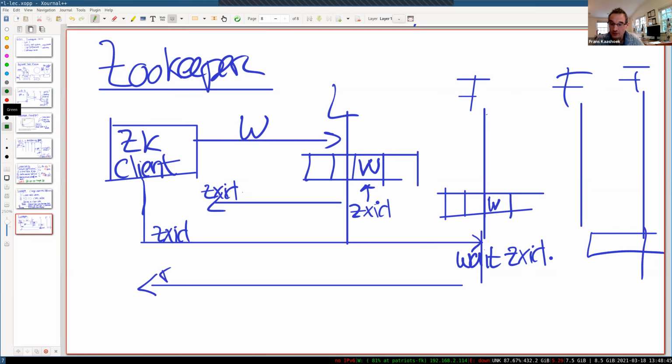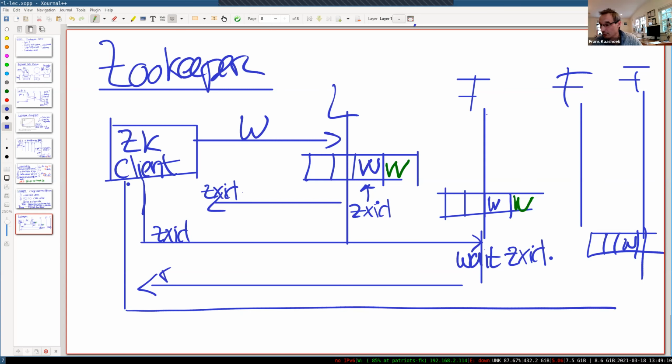So there was another client that actually appended a W after the ZXID, right here, but it was not observed. That particular write, what we have here is two slots, we got the write, but the green write hasn't really shown up at that particular follower. And so if the client now issues a second read, and maybe that goes to the other follower, it has the same ZXID because that client has not issued any new writes.